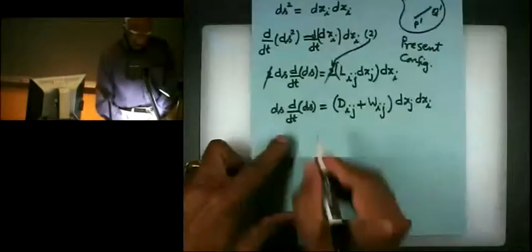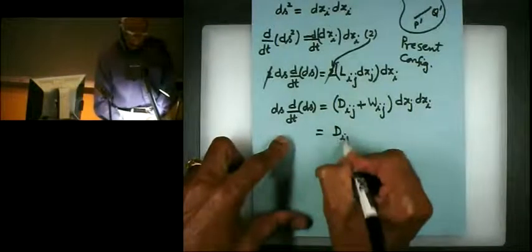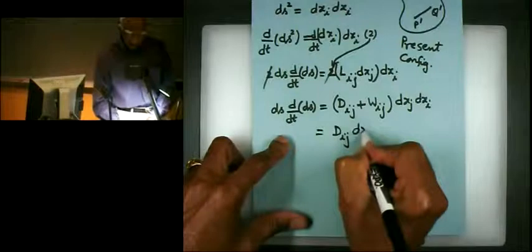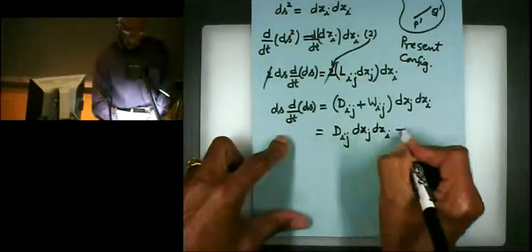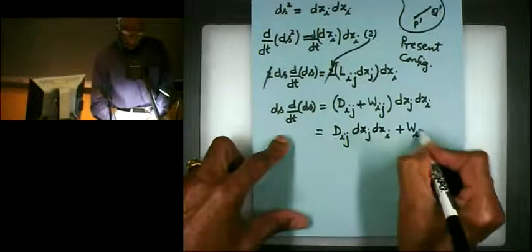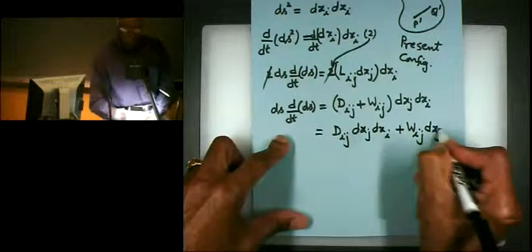Does it make sense? So we are substituting Lij equal to Dij plus Wij. Now, we can expand this. So we get Dij dxj dxi plus Wij dxj dxi.